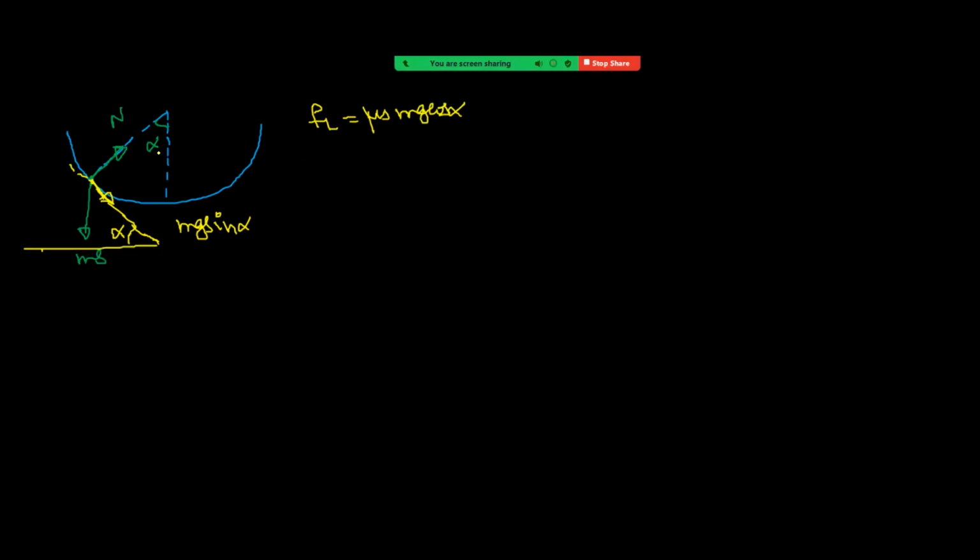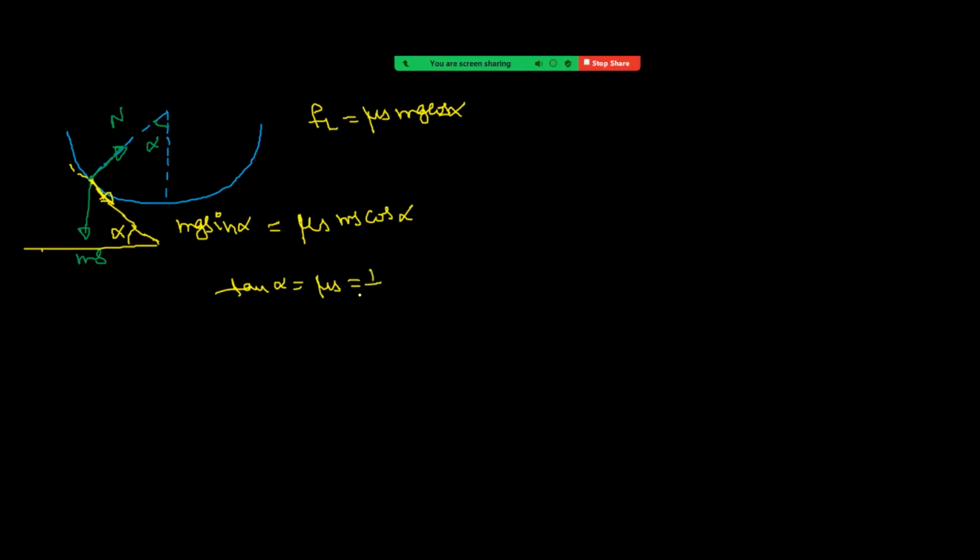When alpha becomes maximum, both are equal. So mg sin alpha equal to mu s into mg cos alpha. When alpha is maximum, mg gets cancelled. Tan alpha equal to mu s.